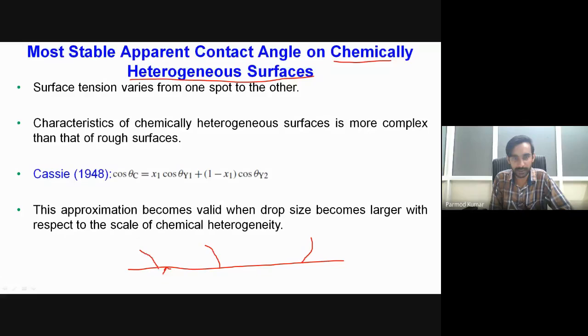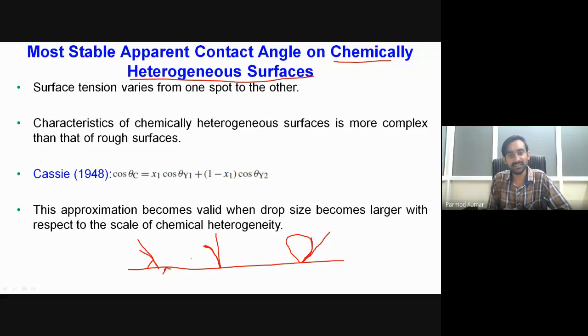So you can see over here, particularly in this region, our surface appears to be hydrophilic and a partial wetting condition is seen. Over here, the contact angle appears to be 90 degrees. If I consider this as our droplet profile, and over here I consider the droplet profile something like this, then we can see that our contact angle is very large, and this surface appears to be a hydrophobic surface.